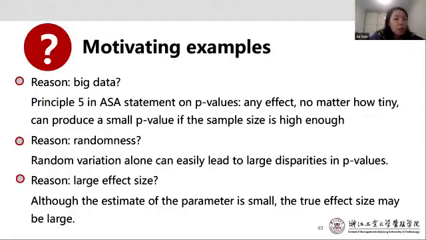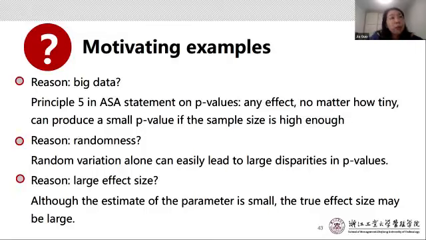The second possible reason is randomness. We know that randomness can also lead to large disparities in p-values. The third reason is a large effect size. Although the estimate of the parameter is small, the true effect size may be large. Here the effect size measures the degree of deviation from the null hypothesis in the underlying population.